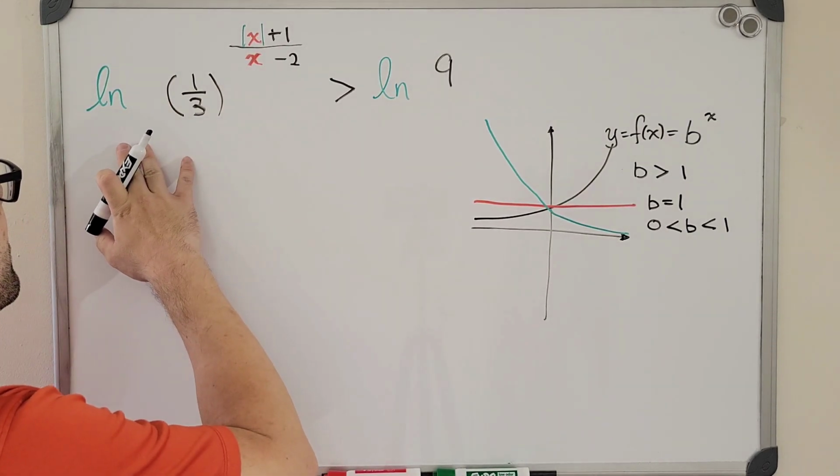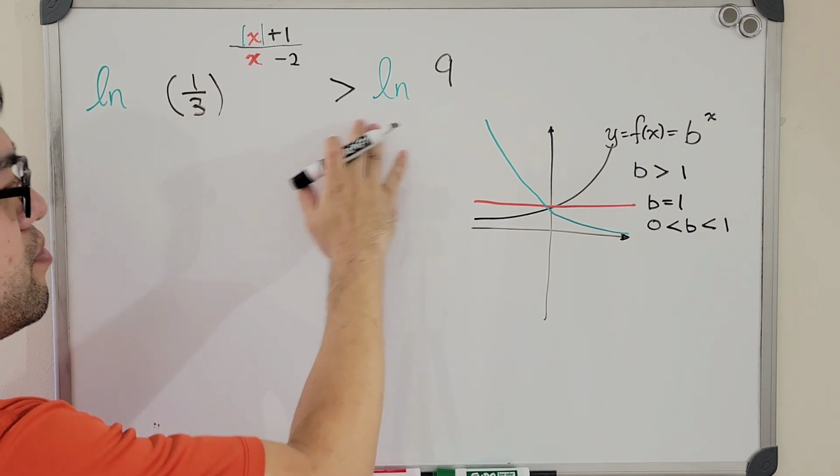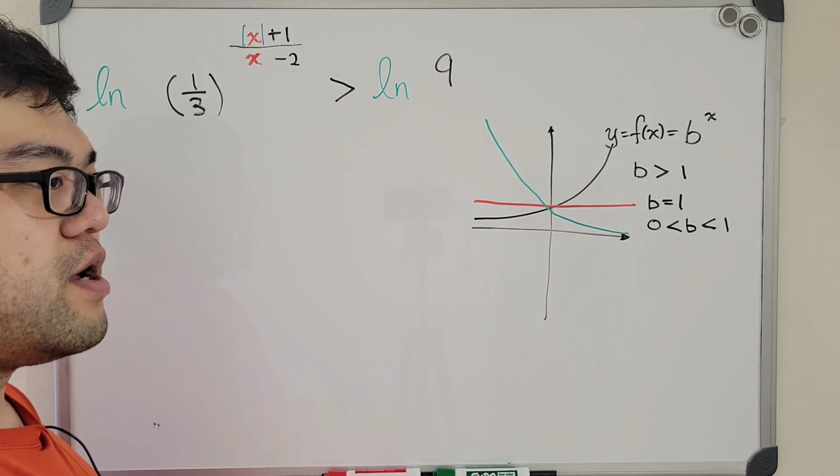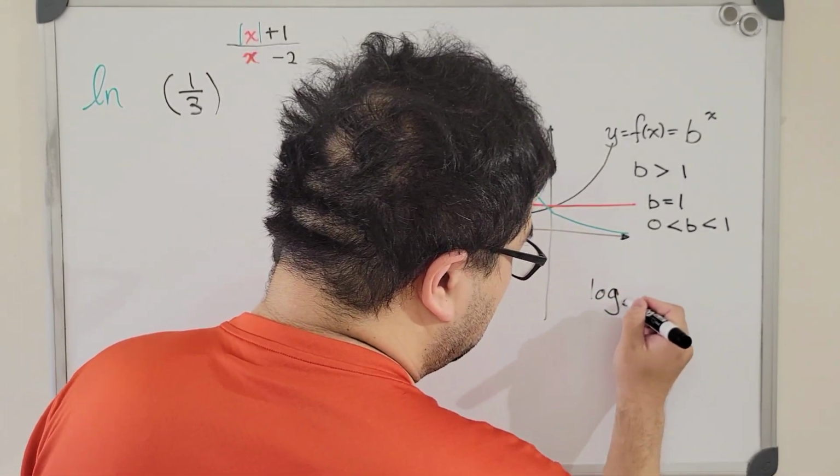So when we take the natural log on both sides, we know that the natural log is the log in base e.